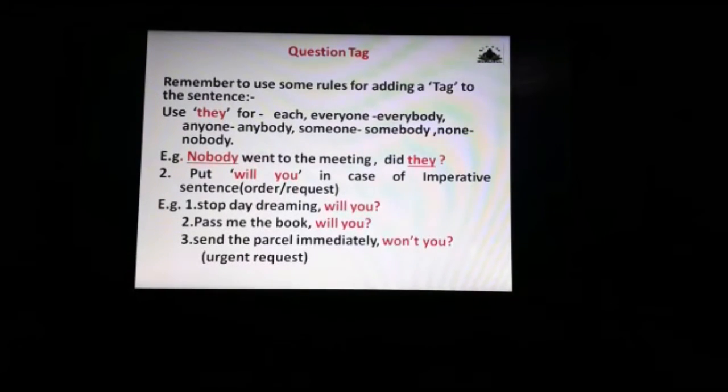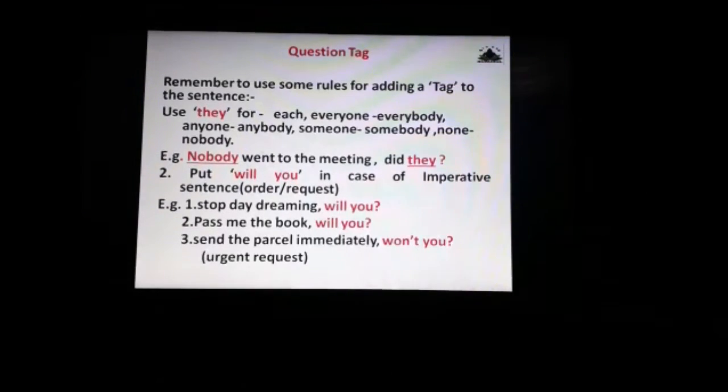See an example: Nobody went to the meeting. The sentence has the word nobody. The subject is nobody, but we cannot write nobody in the tag. So what will we write there? We will use the word they. So what will the tag be? Nobody went to the meeting, did they?